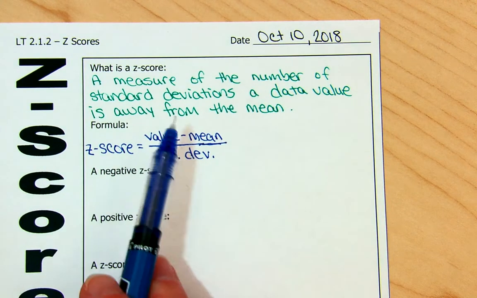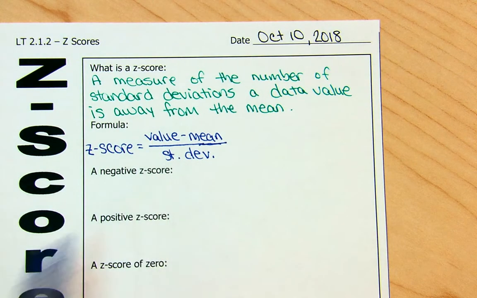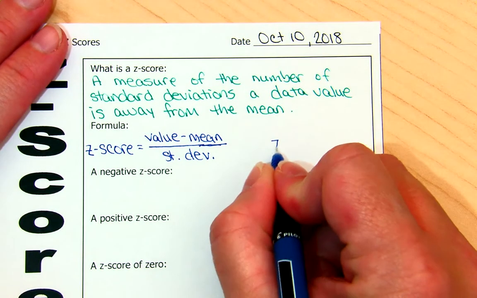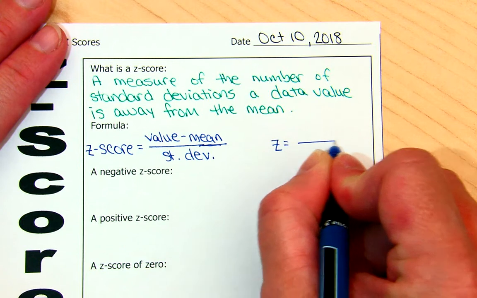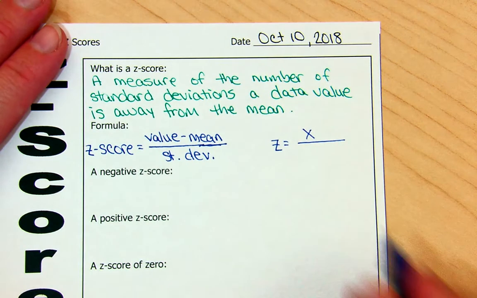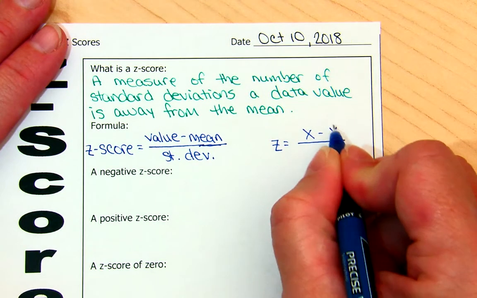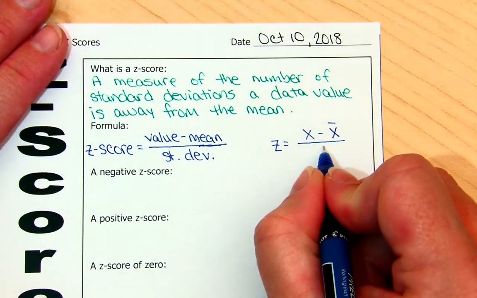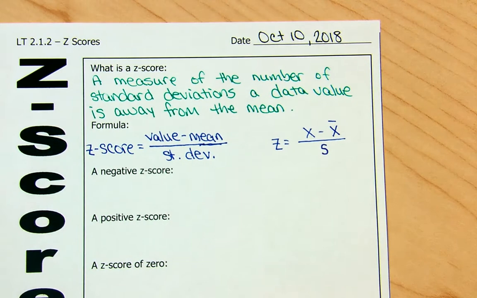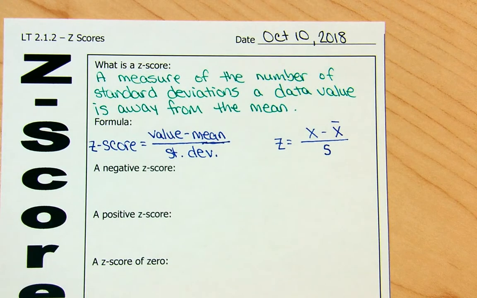So we're seeing how far away it is and then converting to units of standard deviation. Symbolically, this is the way we usually see it. We see z equals x, which is our value, minus the mean, which is x bar, over s, the standard deviation. So typically that's the way you will see it written, but this is just what that means.